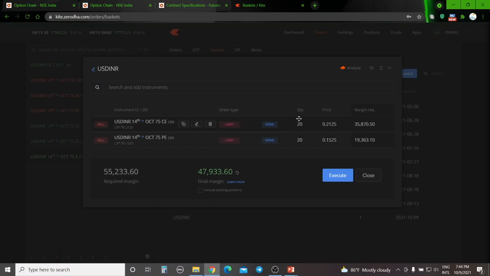20 lots means 20,000 USD. How much will you be collecting? Here you will be collecting about 2,100 rupees, multiplied by 2, about 4,250 rupees. Here you will collect 3,050 rupees because you are doing 20 lots. So multiply this by 20, multiply by 100. Let us see how much you will collect here.